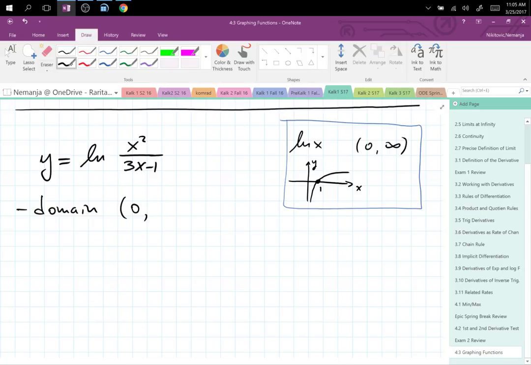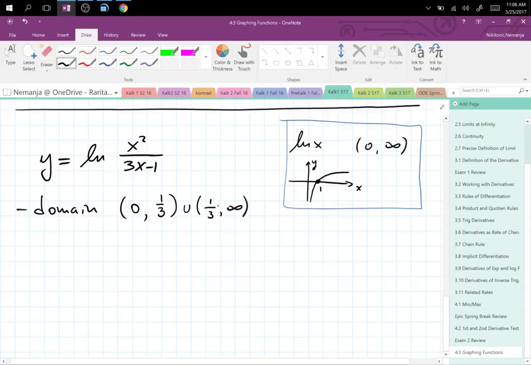So at that point, we have to cut at 1/3, and then union 1/3 to infinity, because all other values are fine, I hope. X can be any positive value in the denominator. You can have 1/2. Everything else works. Great. So that's the domain.